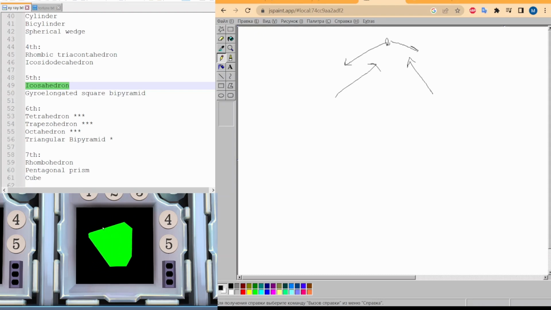And we can actually find another one, the second one, and I just missed it. This one, no, not this one, this one.